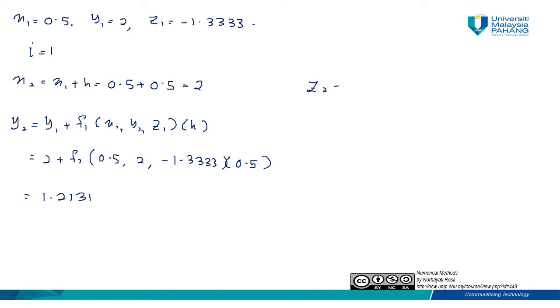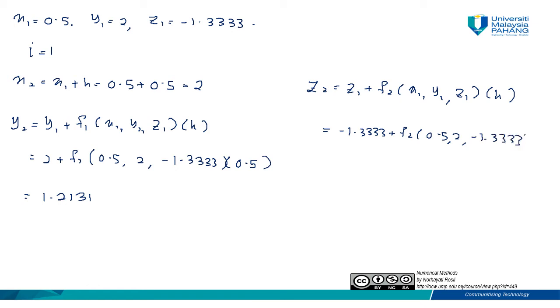Then continue to calculate our z2. So z2 is equal to z1 plus f2(x1, y1, z1) multiplied with h, and substitute the values. z1 is minus 1.3333, f2 with x1 equal to 0.5, y1 2, z1 minus 1.3333, and h is equal to 0.5.